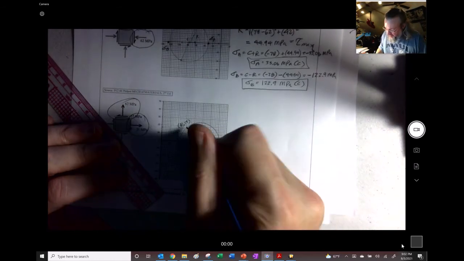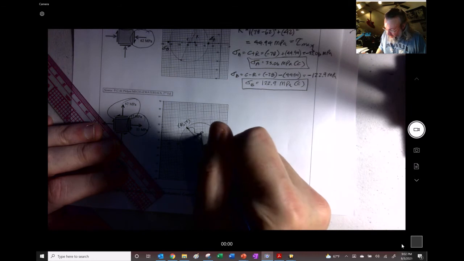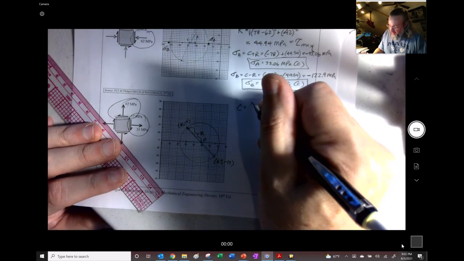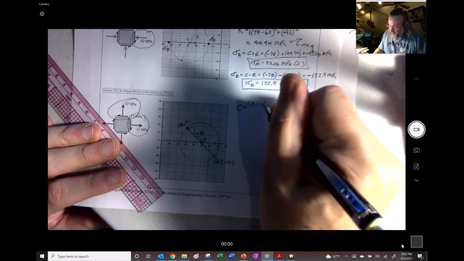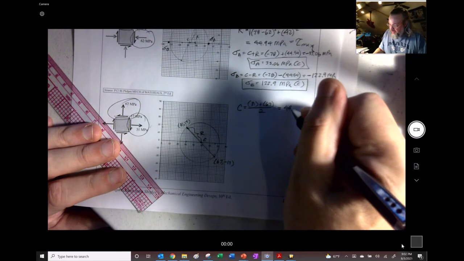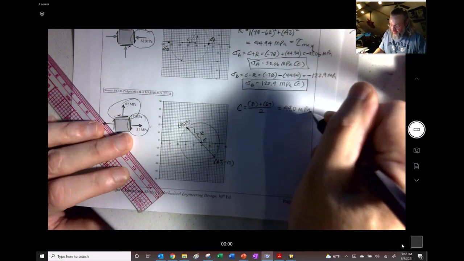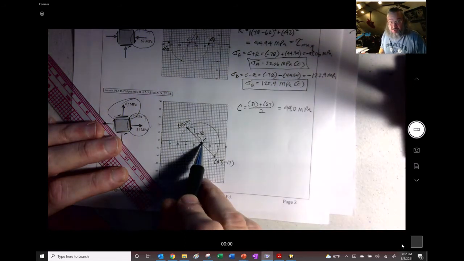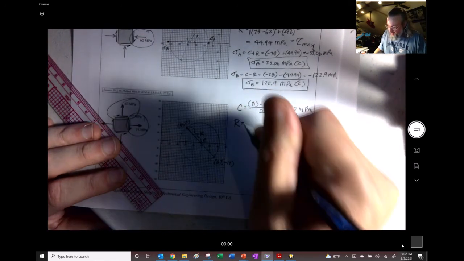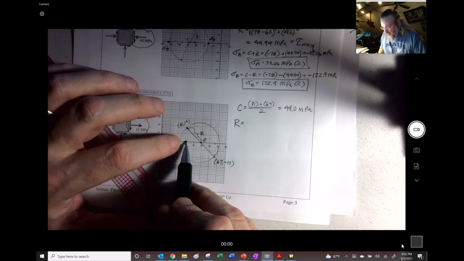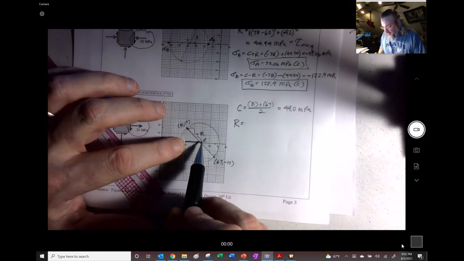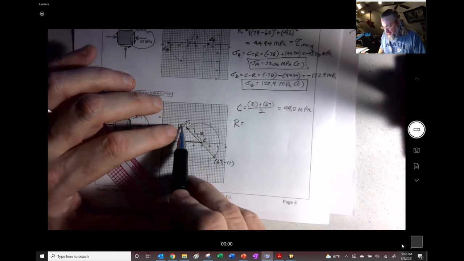Here is C. Here's R right there. So C is going to be my 31 plus 67. It's the average of the two. That comes out to 49.0, and these are megapascals. And you can see it's just to the side of 50, so I did a better job once I corrected it. And my radius here, I'm going to say this leg right here is C minus 31, right?